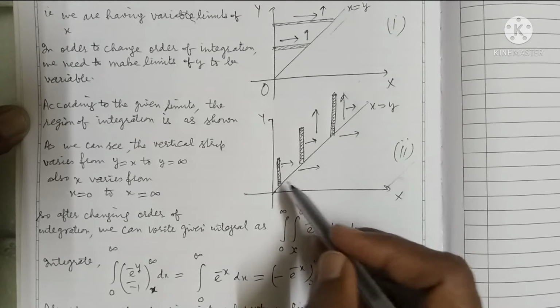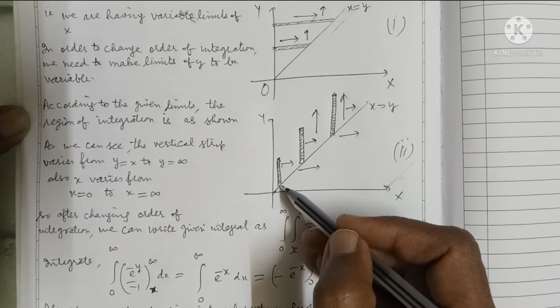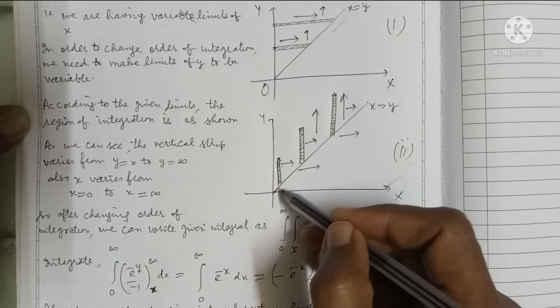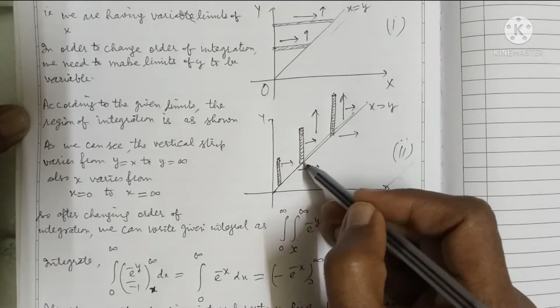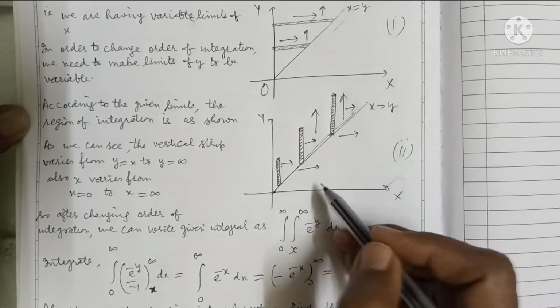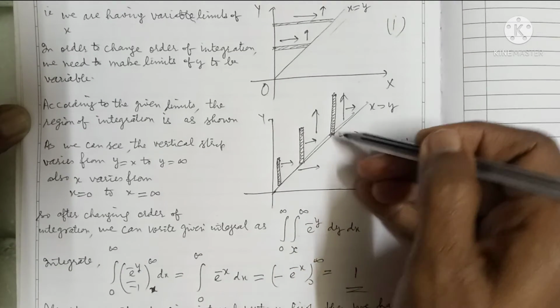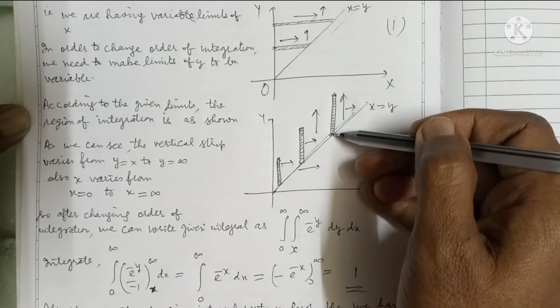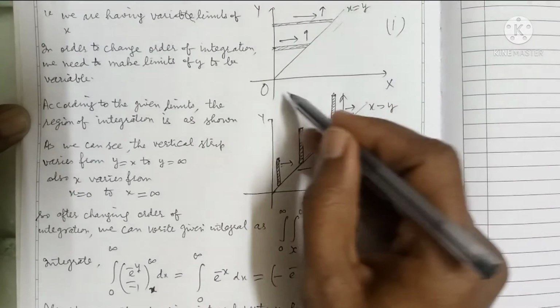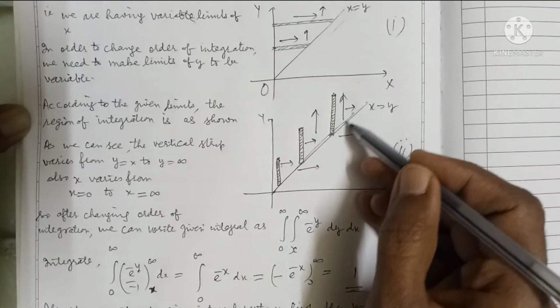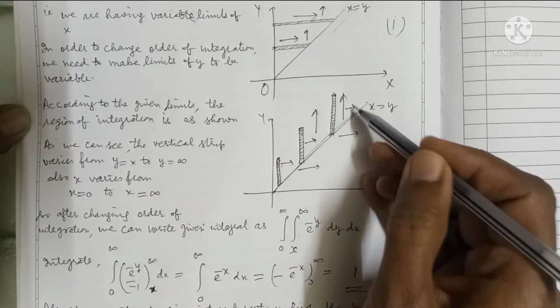As you can see, the strip clearly starts from this line. The base of the strip lies on this line, and the strip remains unbounded in the upward direction. There is no upper bound for the strip. The base of the strip lies on this line, right?